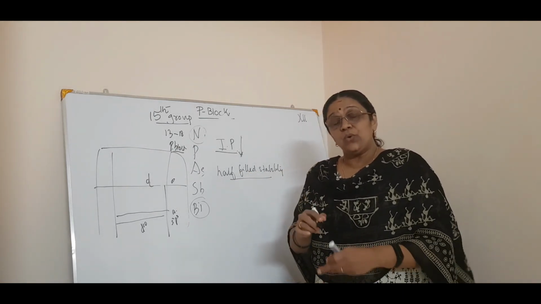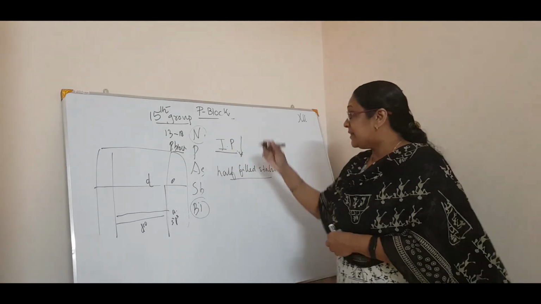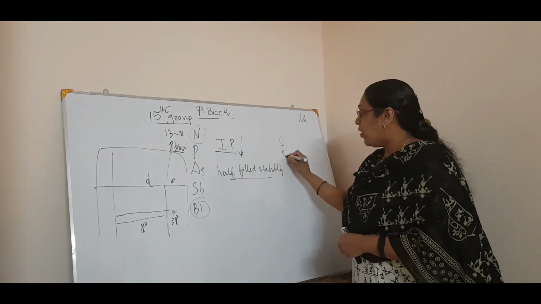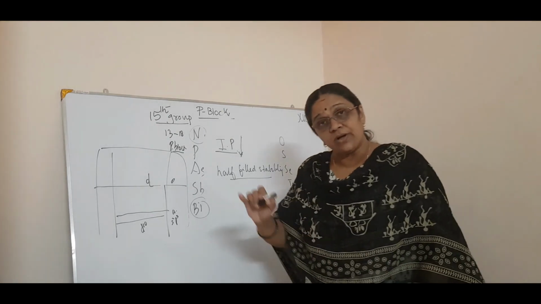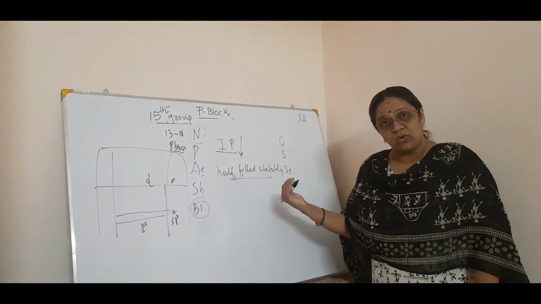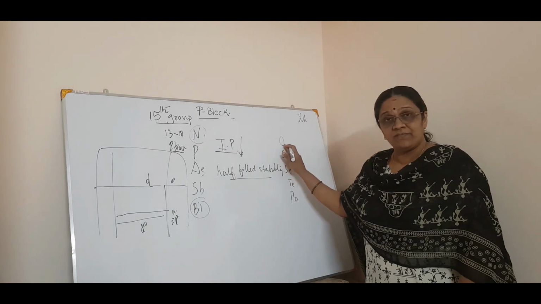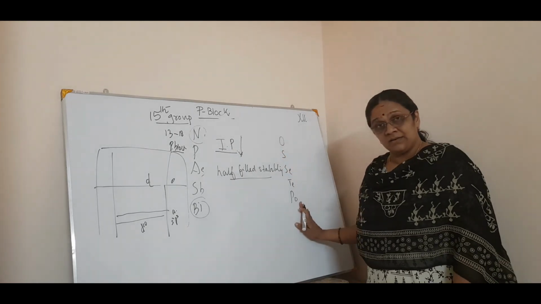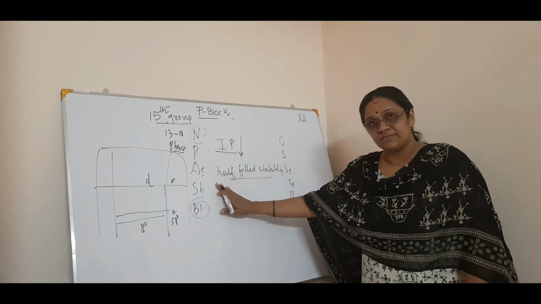So when you compare the IP of this group with the IP of the 16th group, oxygen, sulfur, selenium, tellurium and polonium, naturally as the gradation goes on, the values would be expected to be larger than this one.